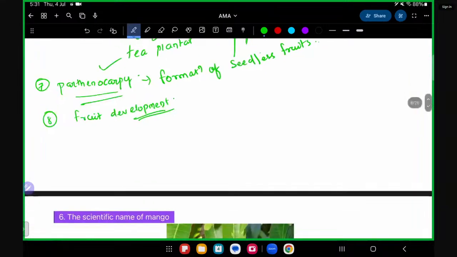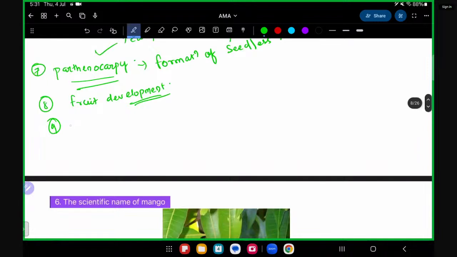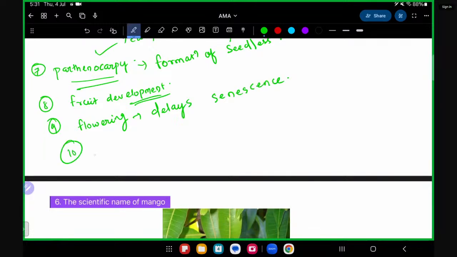Okay. Then ninth point is it delays senescence of flower. It delays. Okay. Then the last point is it acts as herbicide. The synthetic auxin. What are the synthetic auxins?